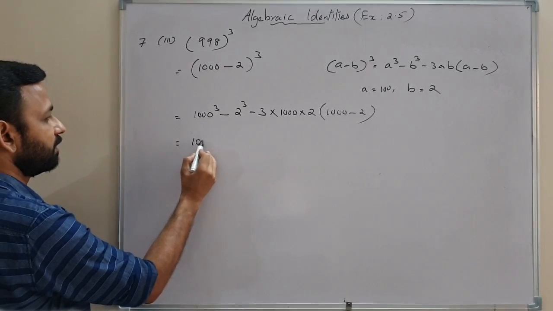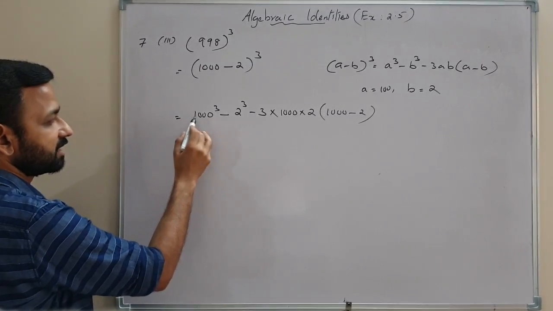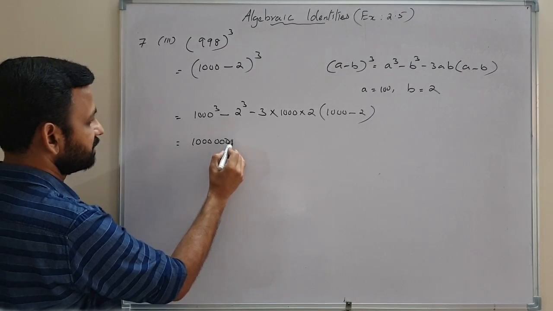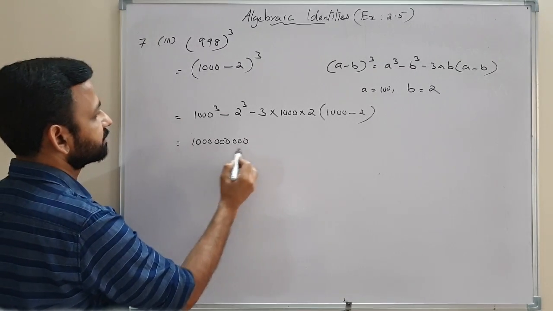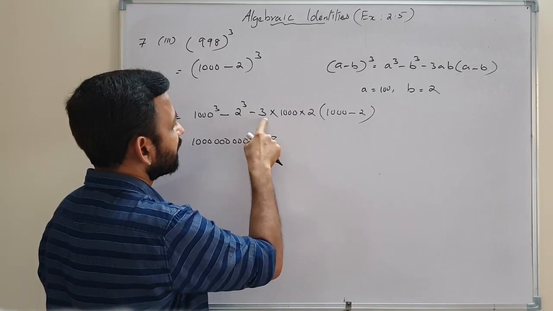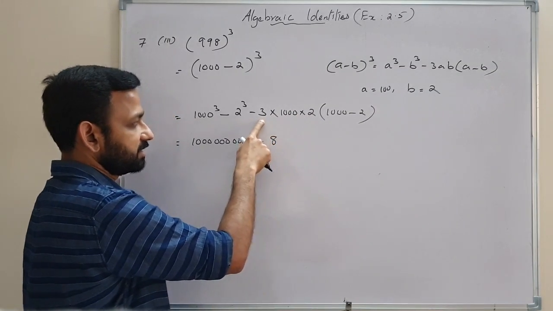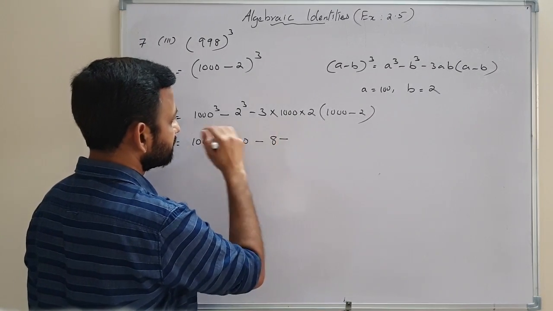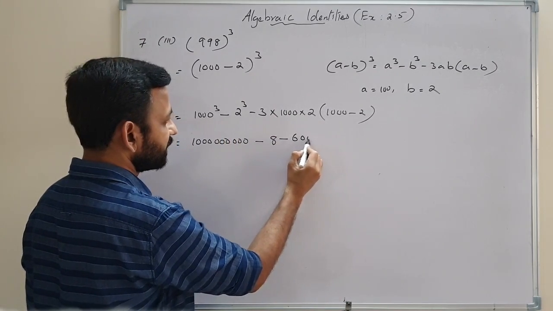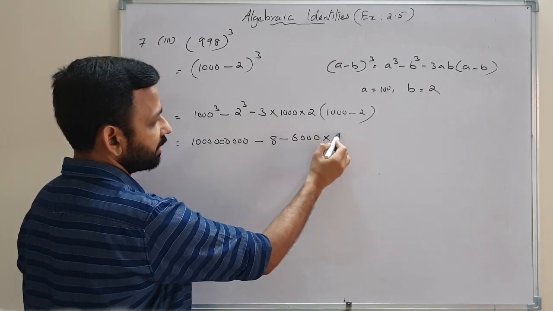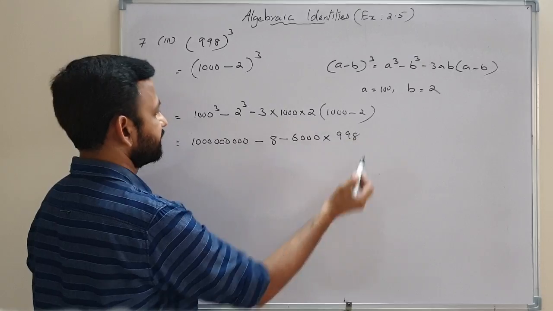So 1000 cube is 1 billion, minus 2 cube, that is 8, then minus 6000 into 998.